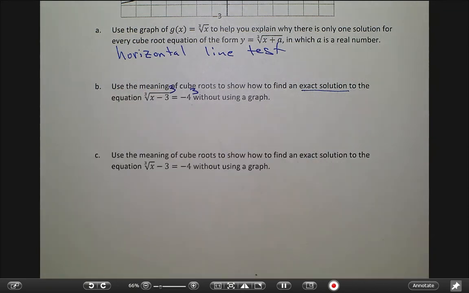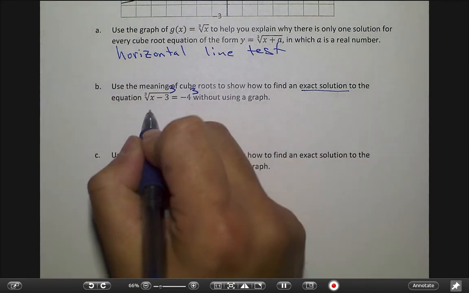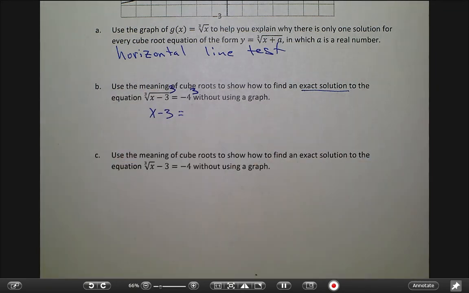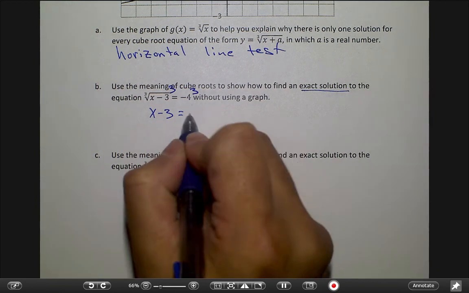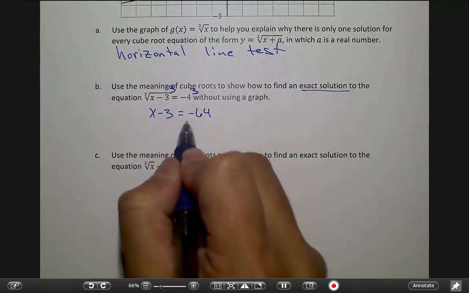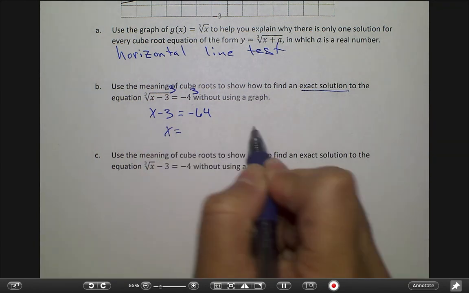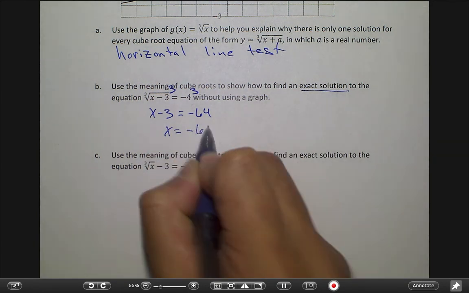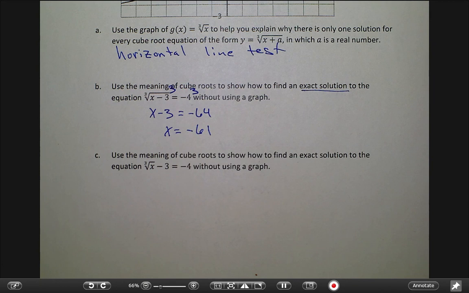This is actually part of the answer. X minus 3 is equal to negative 64. Now what do I got to do to get my x by itself? Add 3. So x is negative 61. That's the answer?